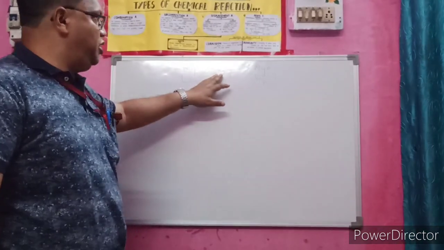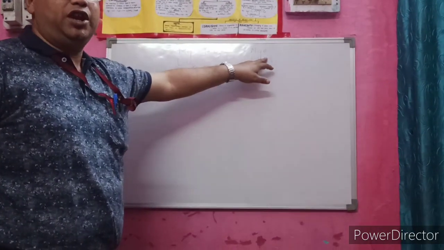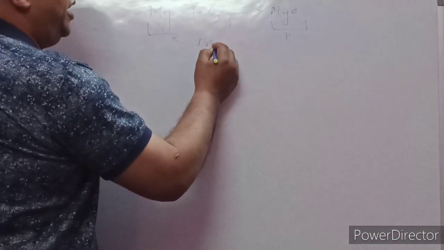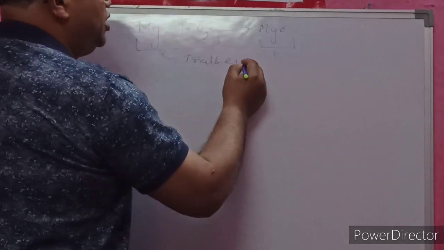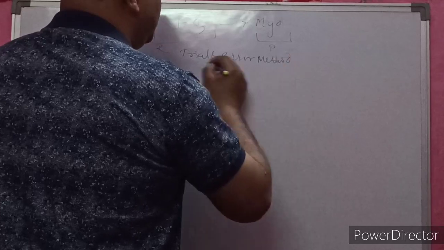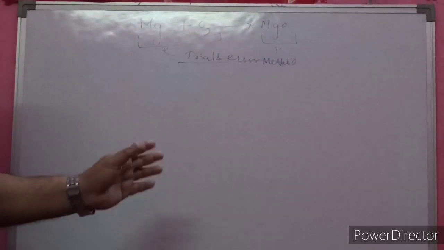Here 1 magnesium is there, on the product side magnesium is also 1. On the reactant side oxygen is 2, here only 1 oxygen. That means it has to be balanced by trial and error method. Remember one thing, trial and error method. I think balancing was there in class 8, so you may have done it and should remember. But then also, let us see.